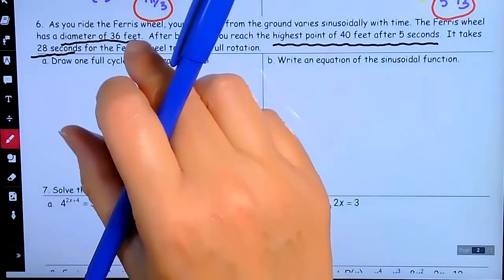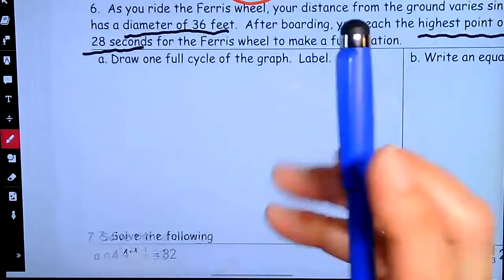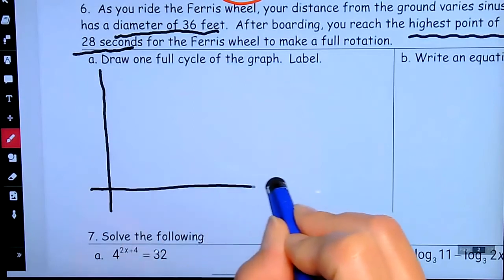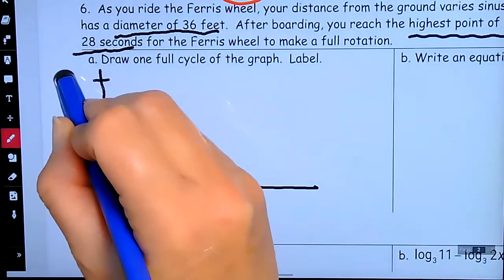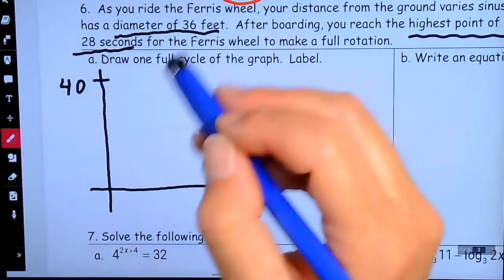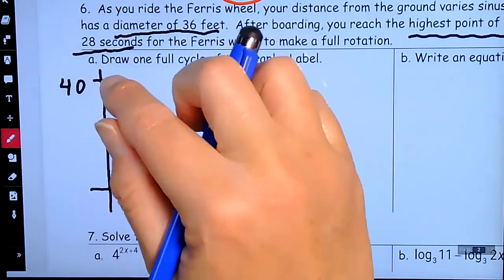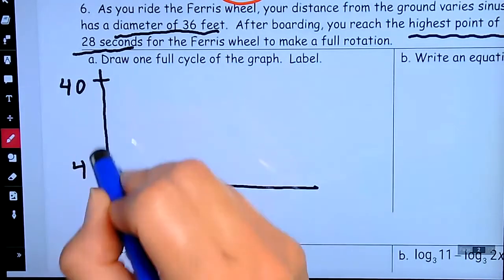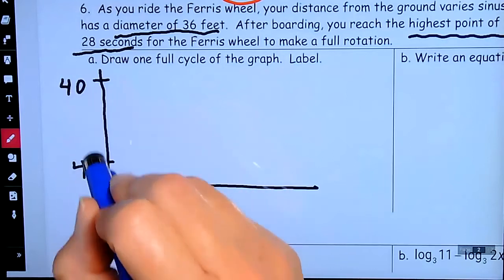So I'm going to make a sketch. The highest it's going to be is 40. We know that the diameter of this Ferris wheel is 36. So if 40 is the top and I go 36 below, I'm going to be down at 4. That's my high and low. So I'm going to average them.